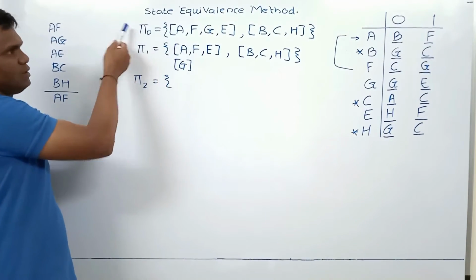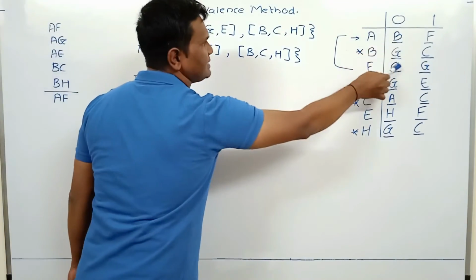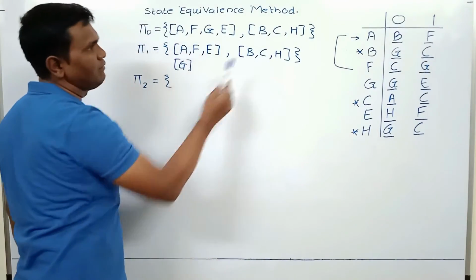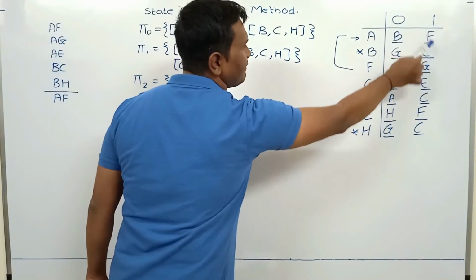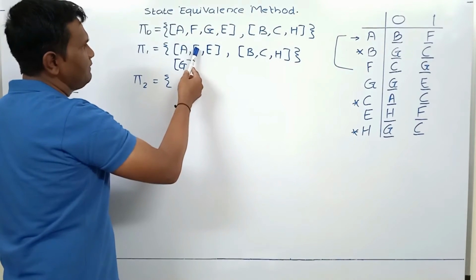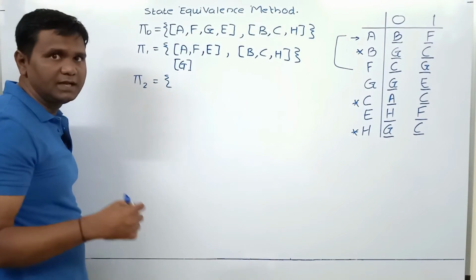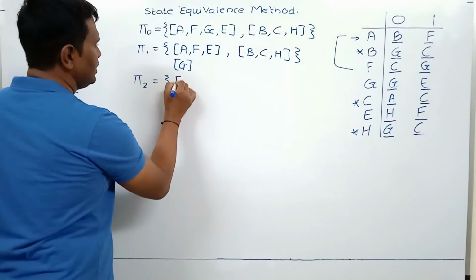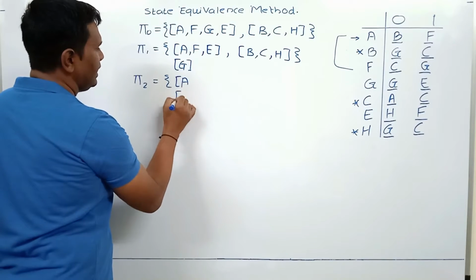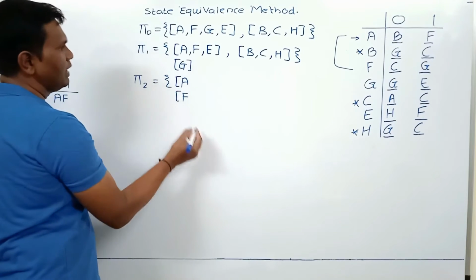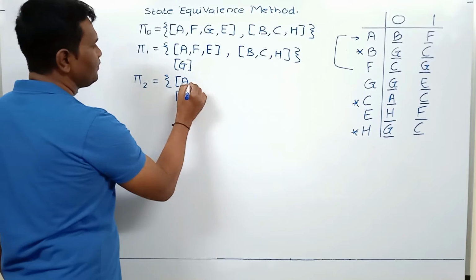Now we check F and G. F is here, G is here, they are in different groups. So A and F are not two equivalent, they should be in separate groups.